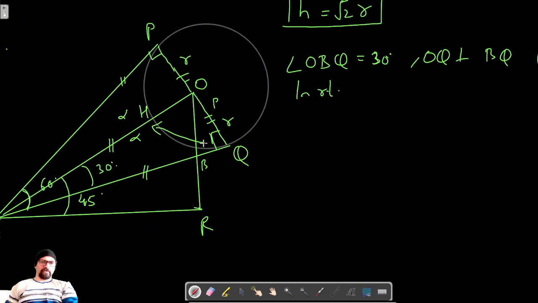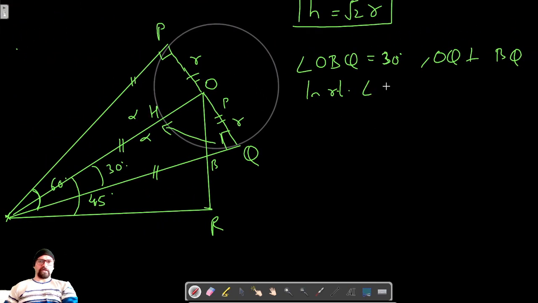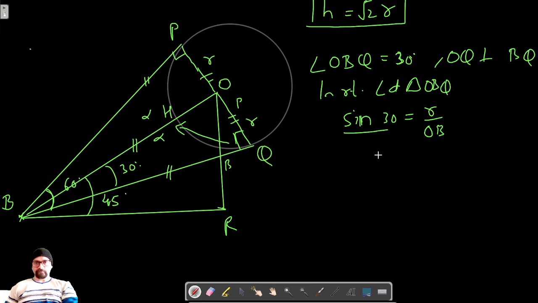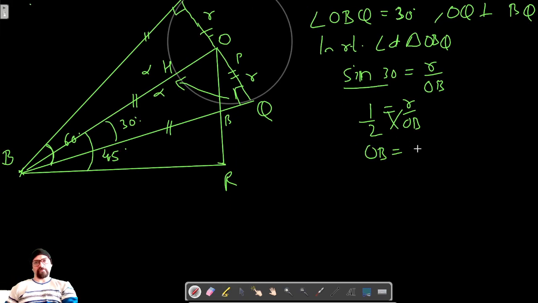So in right angle triangle OBQ, I can use sine, perpendicular by hypotenuse. So sine 30 degrees is R by OB, and if we cross multiply this, it gives OB is equal to 2R.